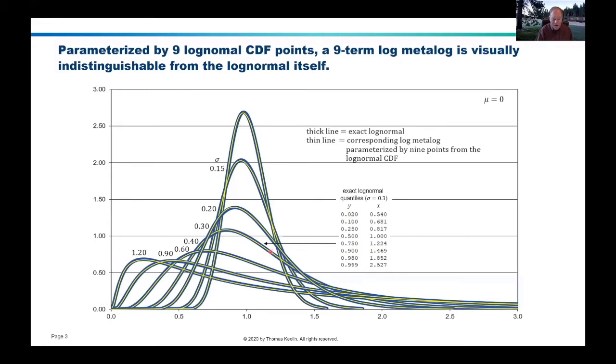And if you contrast that with the exact lognormal distribution that underlies that, you cannot distinguish between the two. And we've seen this in multiple other applications, particularly in session 1, where we showed that the metalog can fit virtually any smooth continuous distribution so closely that you cannot distinguish between that distribution and the metalog representation of it. Now, why is this important? Because this is for a single lognormal distribution. I haven't done any adding of them together yet.